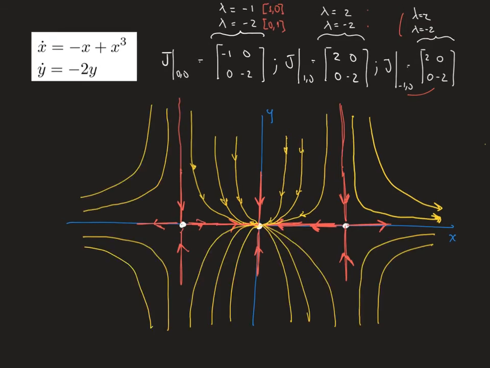So this is how it looks. You already know the answer for any initial condition. If your initial condition is in here, then you will go to x equal to infinity when time goes to infinity.